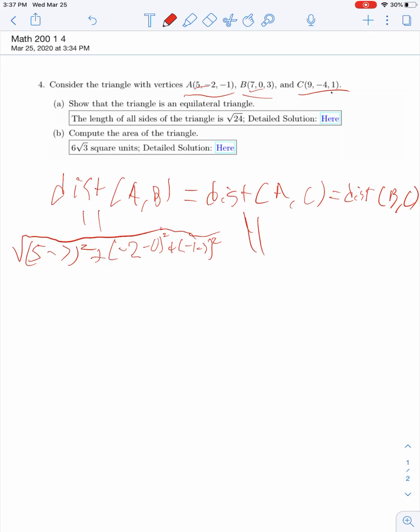And this guy right here is going to be equal to, I'm just going to write this a little bit lower so I have some more space to write here.